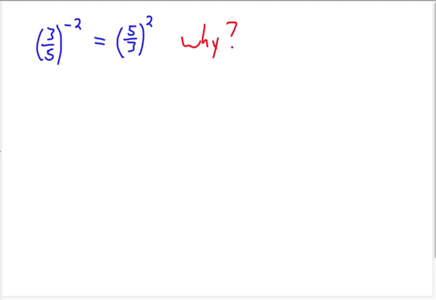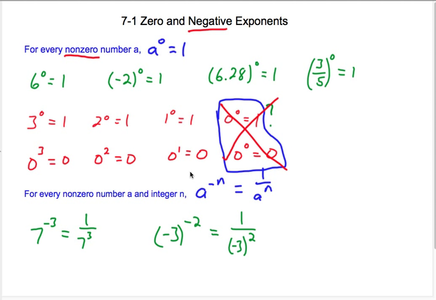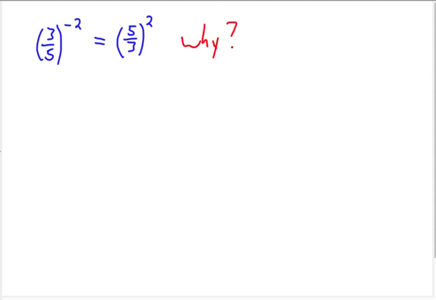Well, if we go back to the rule, it says that a to the negative n equals 1 over a to the n. Okay, so we can say that 3/5 to the negative 2 actually is 1 over 3/5 squared, right? By the rule.